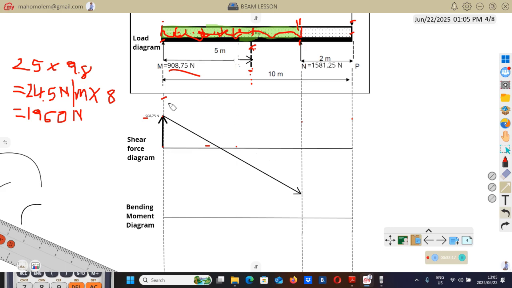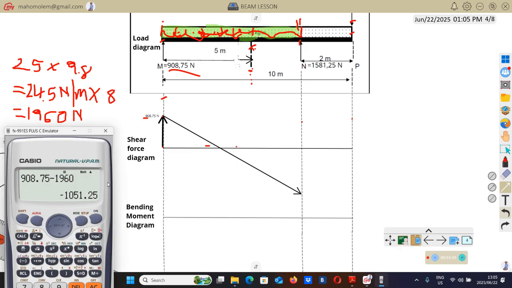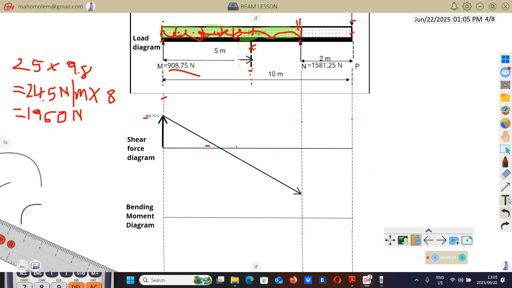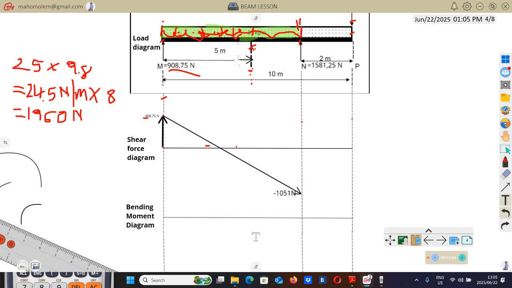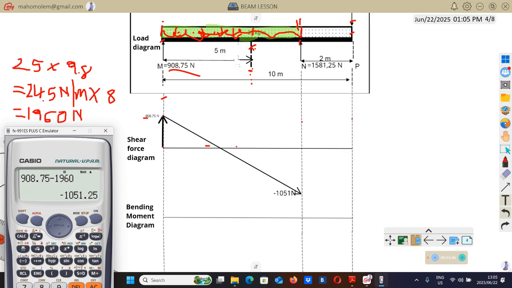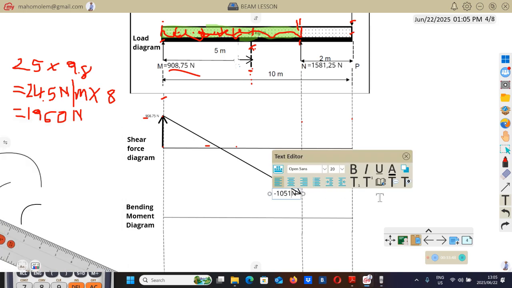Because we got a negative answer here, we have to come underneath this line. This point will represent that negative 1051, at 4.25.